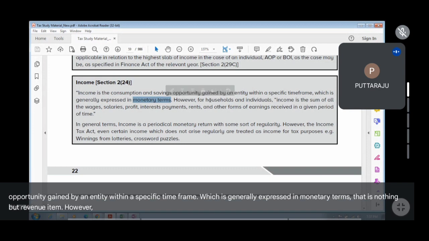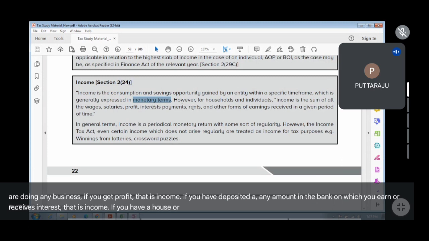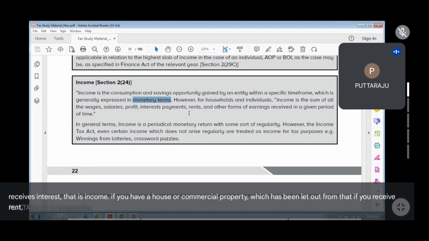However, for households and individuals, income is the sum of all the wages. Salary is income. If you are doing any business, if you get profit, that is income. If you have deposited any amount in the bank on which you receive interest, that is income. If you have a house or commercial property which has been let out, the rent you receive is also income.